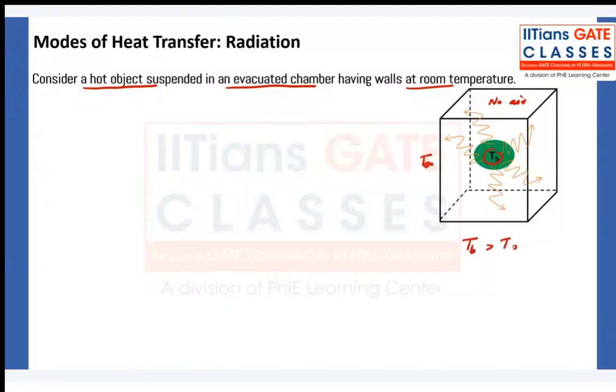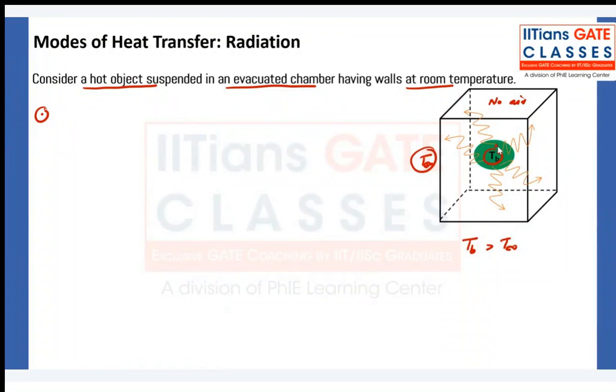Now, let us see one thing. First point: the room wall is at T infinity and ball temperature is TB. Wall and wall are two confusing words, so let me say room boundary. So the room boundary is at T infinity and the ball inside is at TB.